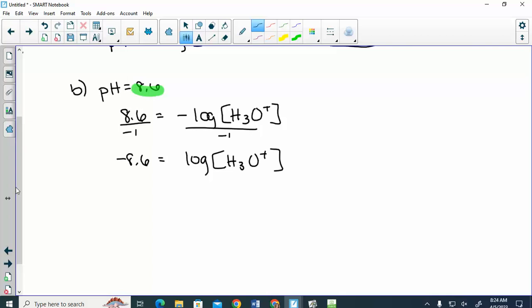When there's a log on each side, we can just drop them. If there's only a log on one side, how do you get rid of it? We change it to exponential form. So the base of this log is 10. So it's 10 to the negative 8.6 power equals H3O plus.